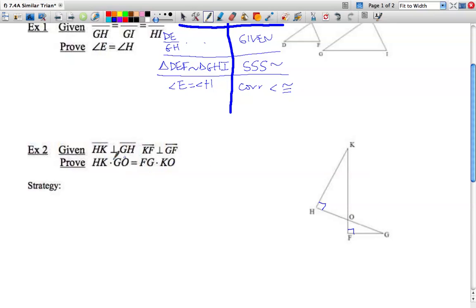This is side information, so the strategy would be to first prove that the triangles are similar, and then maybe set up some proportionality. So maybe step one is to prove that the triangles are similar, and step two would be to show that the sides are proportional, and maybe we can use some of our properties of proportionality to cross multiply, something like that.